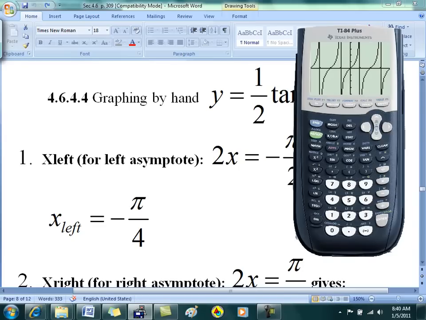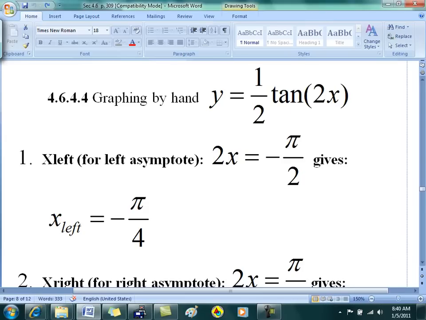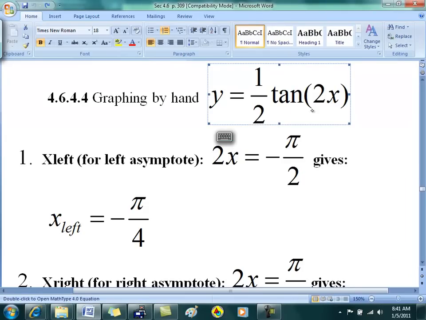So the left one's at negative pi over 2, the right is pi over 2. That's the fundamental concept that we're going to use in graphing any tangent function without a phase shift. So we start out by setting 2x to minus pi over 2. You solve for x, and you get minus pi over 4. So that'll be our left point.